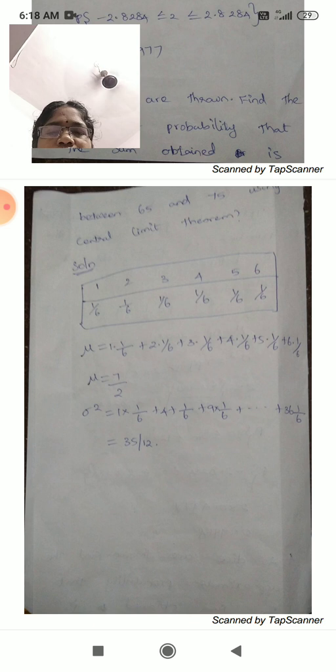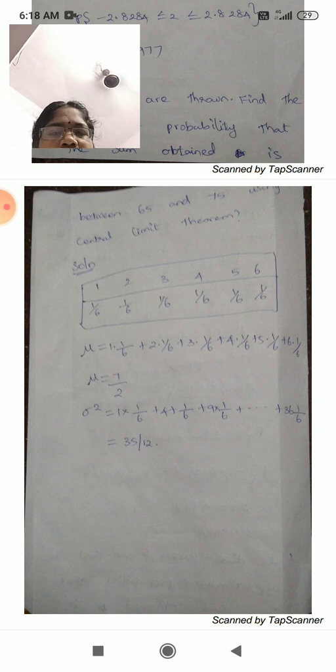Simplifying, 1 into 1 by 6 plus 4 into 1 by 6 plus 9 into 1 by 6 plus 16 into 1 by 6 plus 25 into 1 by 6 plus 36 into 1 by 6.